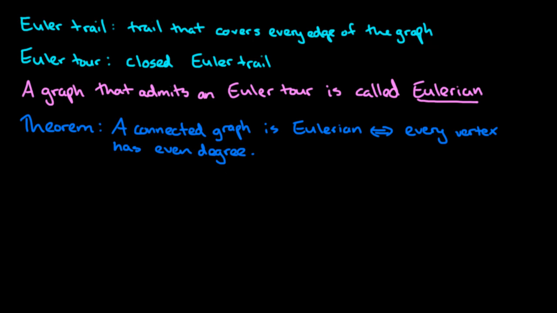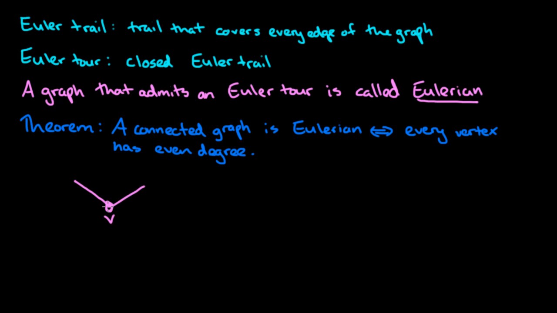So first thing to keep in mind is that if the graph is in fact Eulerian, it should be pretty clear to see that every vertex will have to have even degree. And the reason is because if you take a look at any particular vertex v of the graph, and you know that there is an Euler tour, every time the Euler tour uses the vertex v, it'll have to enter through one edge and exit through a different edge.